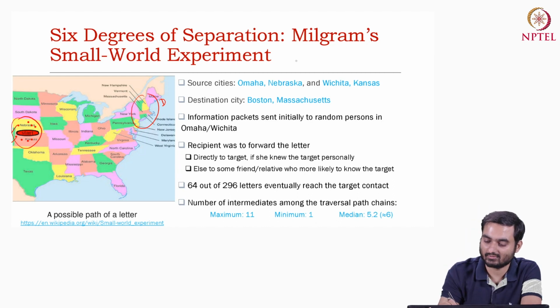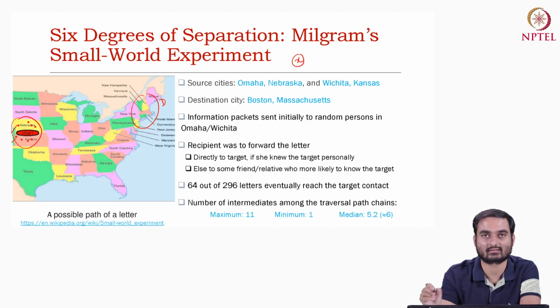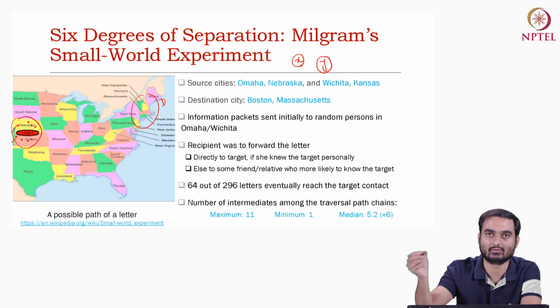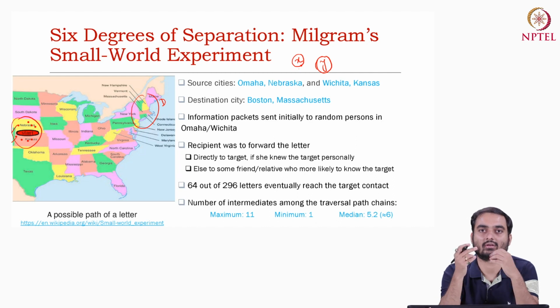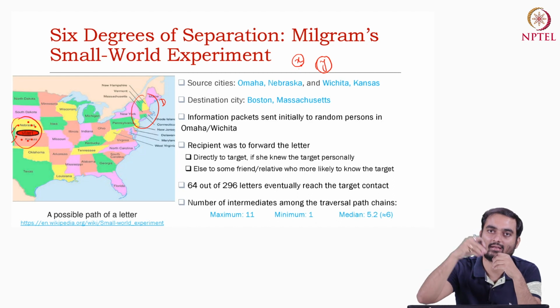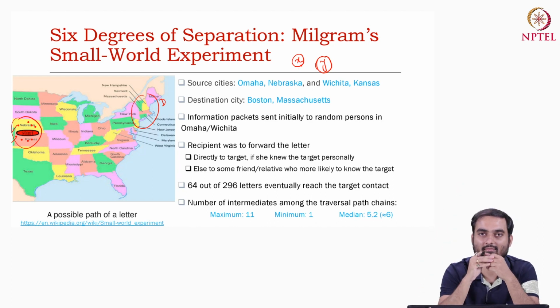Say this individual is X. If X does not know the destination, X will choose one of his friends, Y, who X thinks knows the destination better than X.